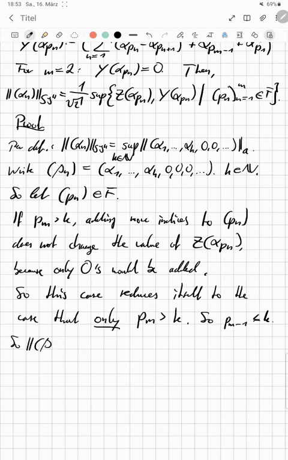So the norm of beta_n is 1 over the square root of 2 times the supremum of Z(beta, P_n), as P_n goes through F, but P_{m-1} is less than or equal to K.